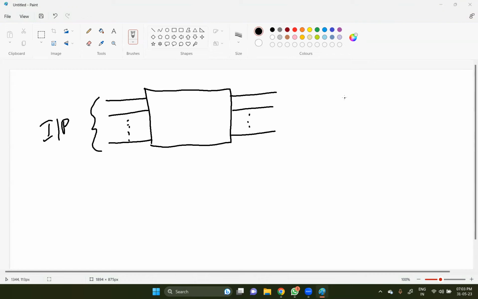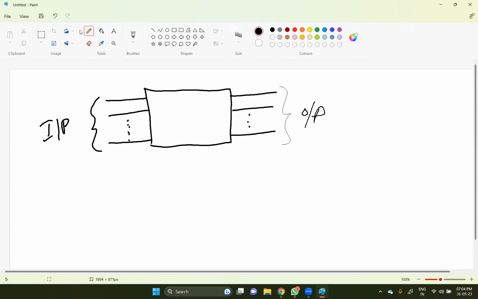Whatever inputs you consider here, all these inputs will be connected to the outputs here, and these are called the outputs. In combinational circuits, the major point to remember is that the output variables must depend upon the input variables.